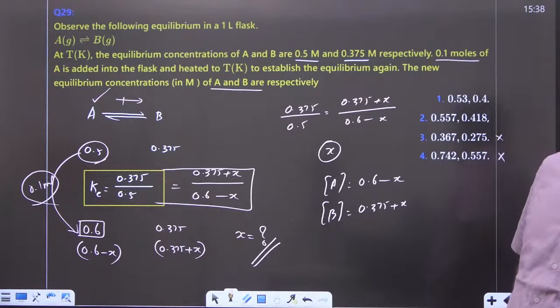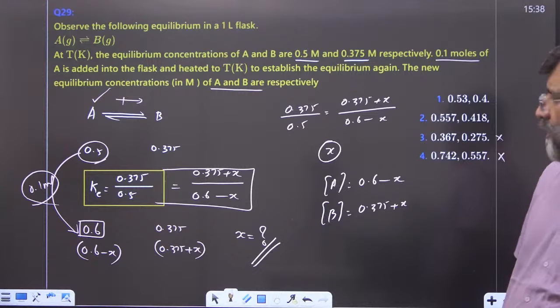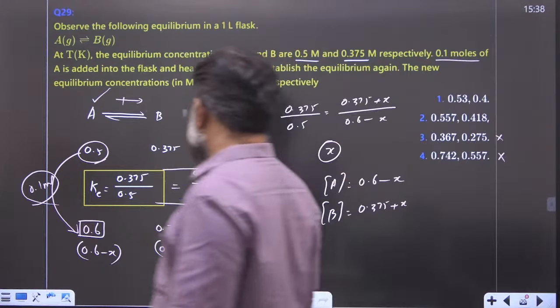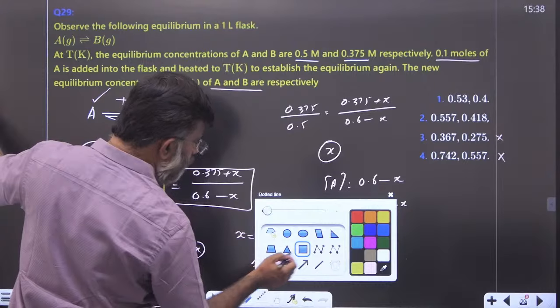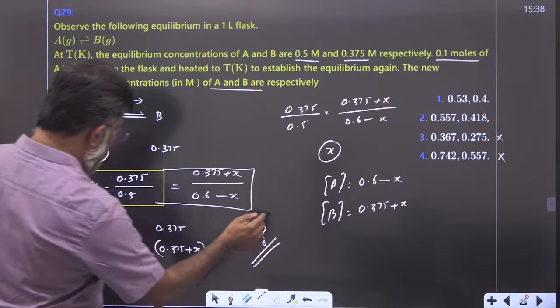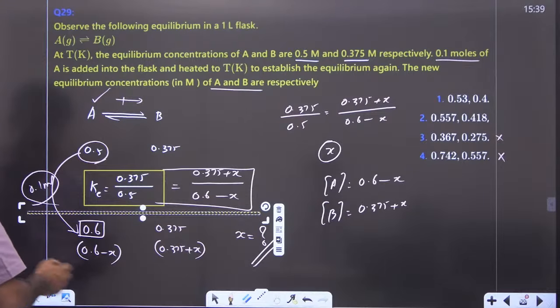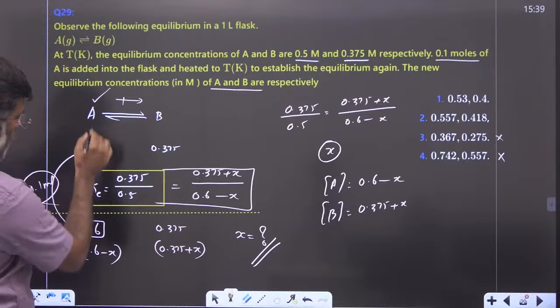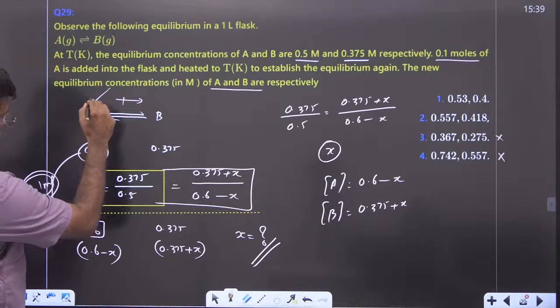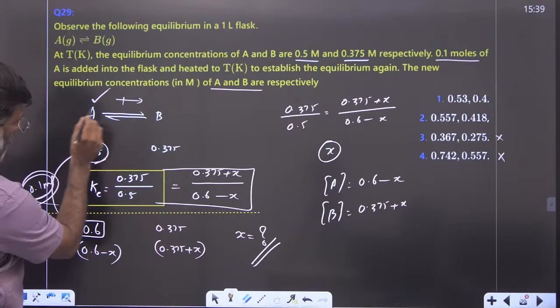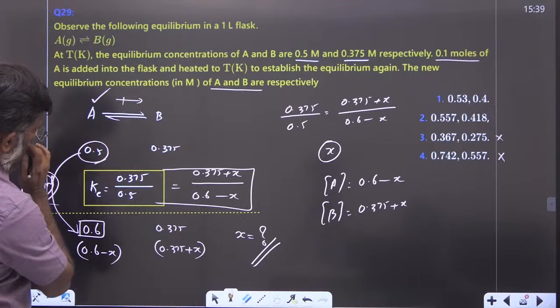Shaktivel asks, why do we add that X to the initial concentration of B, sir? This is the new equilibrium. Earlier the quantity of A was 0.5. We are adding 0.1, so the new quantity is 0.6. If you add something over here, the equilibrium reaction will go to the right side.